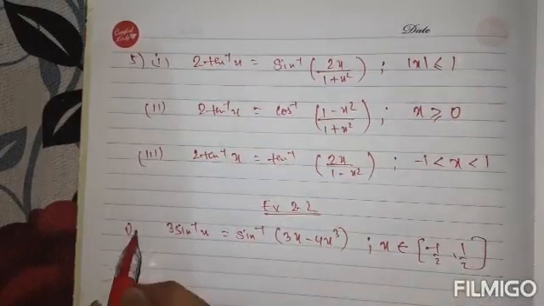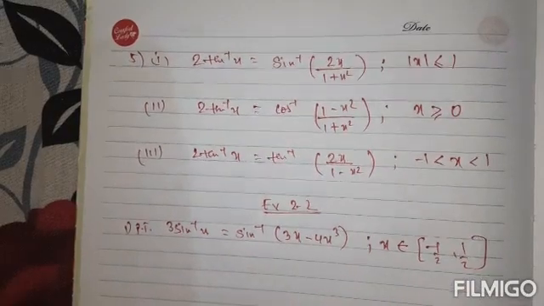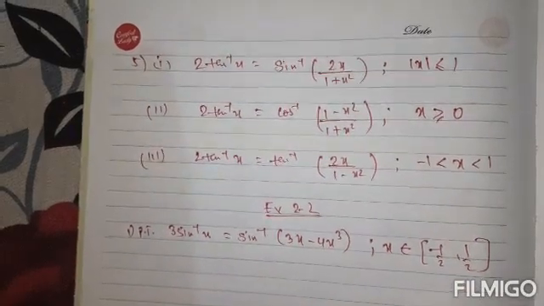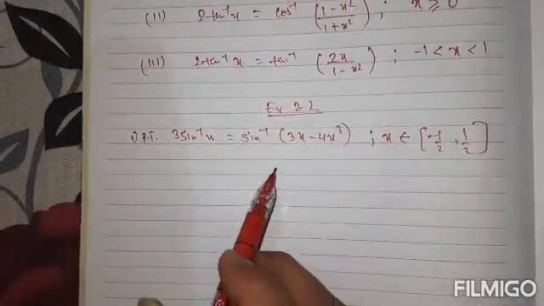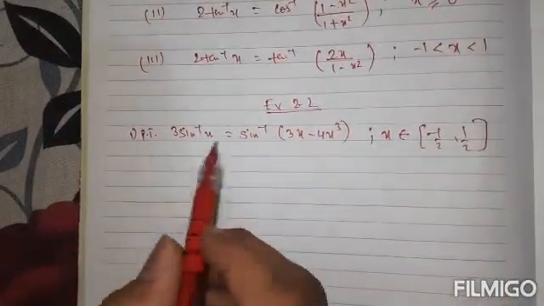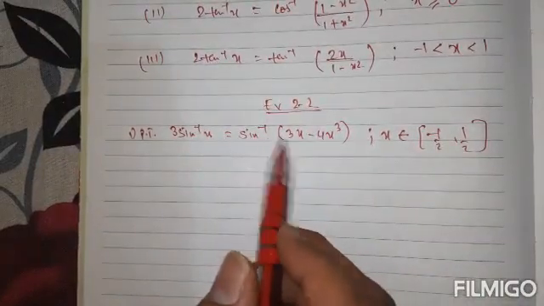We have to prove that 3 sine inverse x is equal to sine inverse of 3x minus 4x cube. Students, this is very easy. Here we have to do one substitution. We know that whichever side is more complicated, we always simplify that.